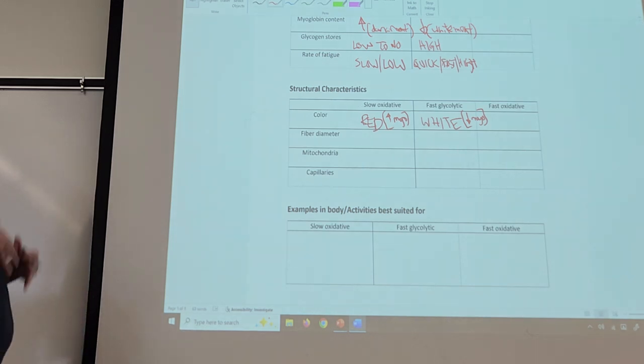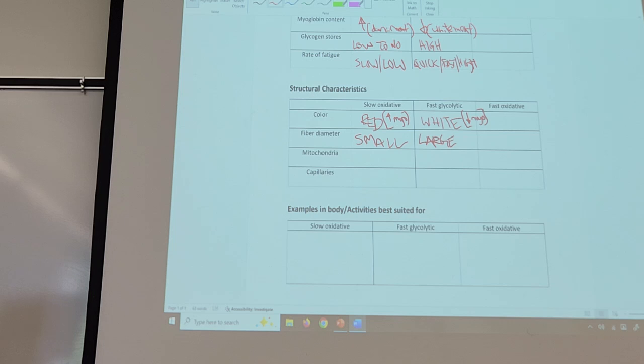Fiber diameter. It's not really very logical here, but slow oxidative fibers have relatively small fiber diameters, in comparison to fast glycolytic fibers, which are relatively large. The next one you should be able to figure out: the concentration of mitochondria in slow oxidative fibers, which utilize oxygen to generate ATP, is going to be relatively high or low?